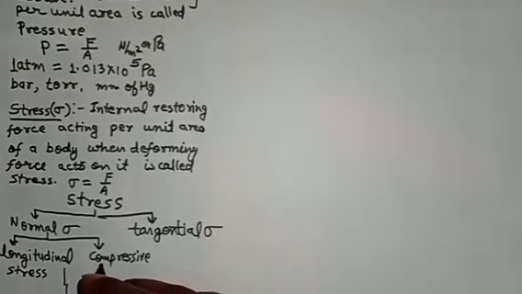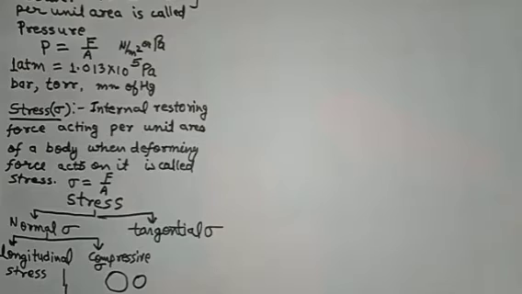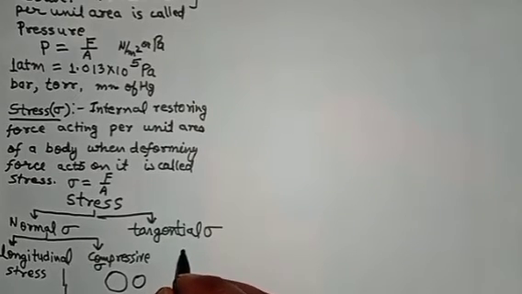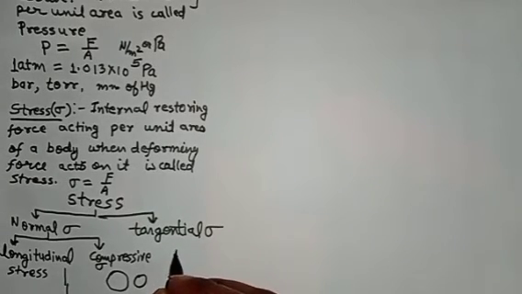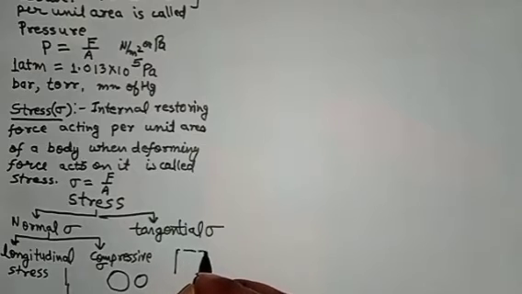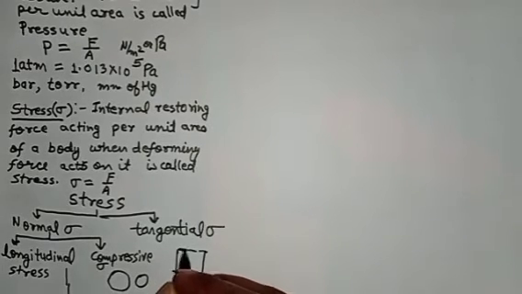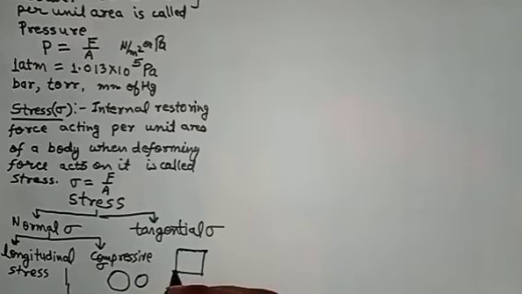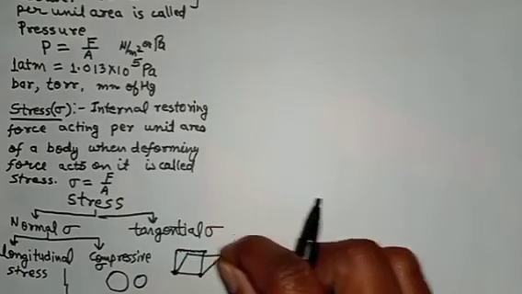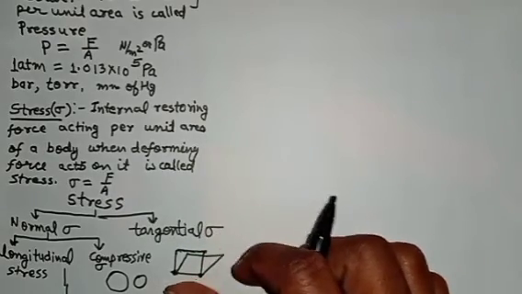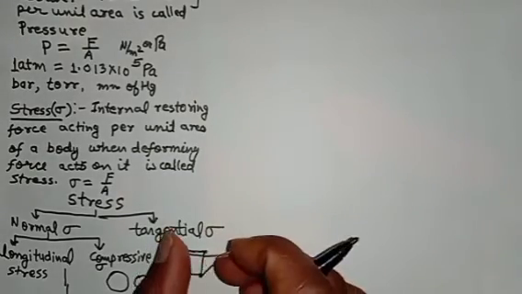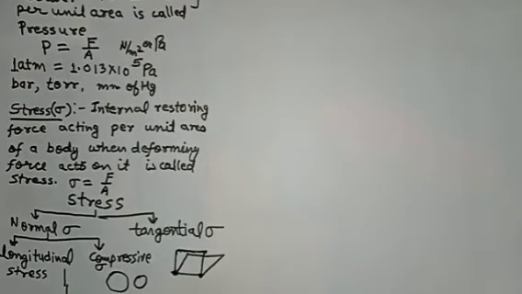The other one is compressive stress, like when we have a rubber ball and we have squeezed it. At that time, stress develops in its volume to overcome that compression. And tangential stress: if we had this cube and somehow we deformed it in this way, one side is fixed and the other we have somehow moved.